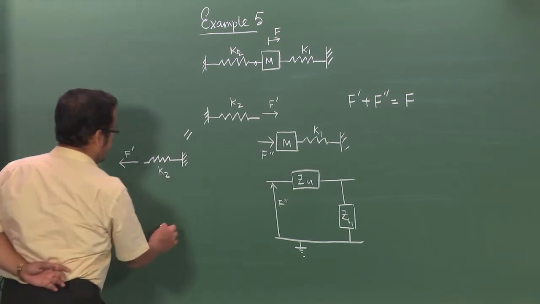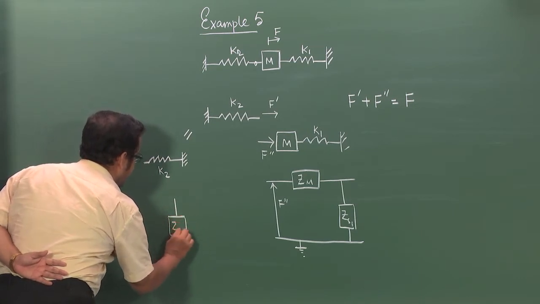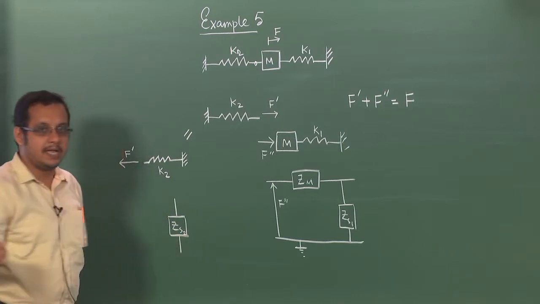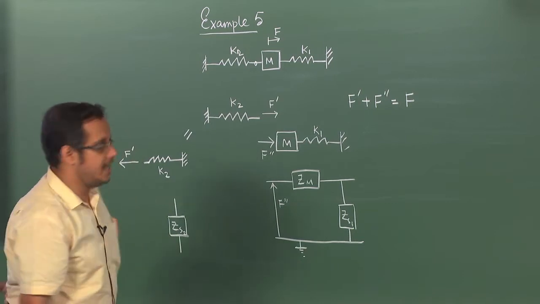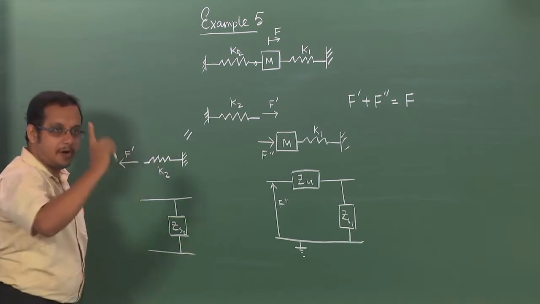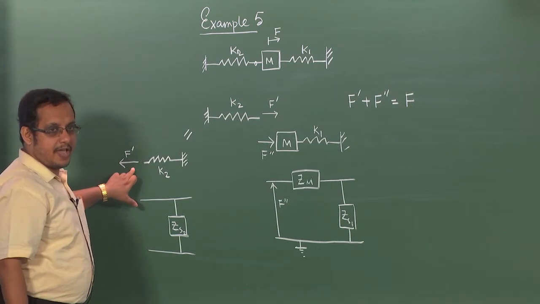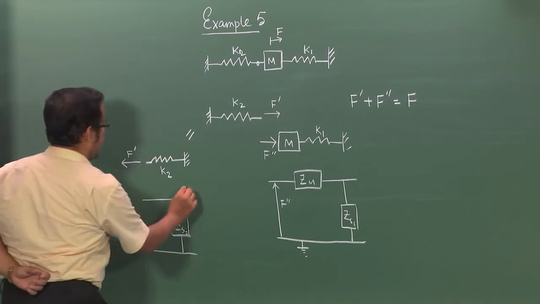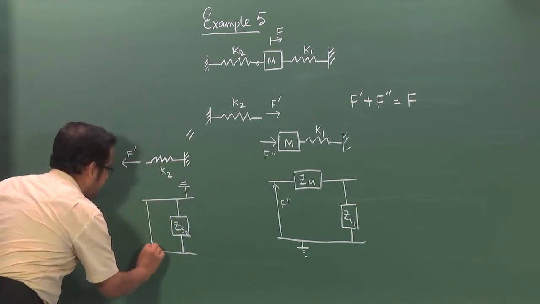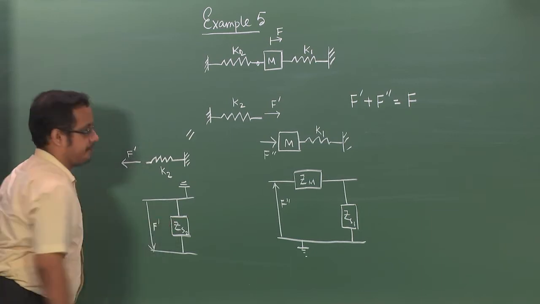So, again as usual, this part of the circuit would be an impedance corresponding to this spring element which is placed in shunt or in parallel position, but now the voltage is not positive, but negative, because the direction of F has reversed in this case. So, here I will choose this as the ground line, and this voltage I will denote as F prime, right.